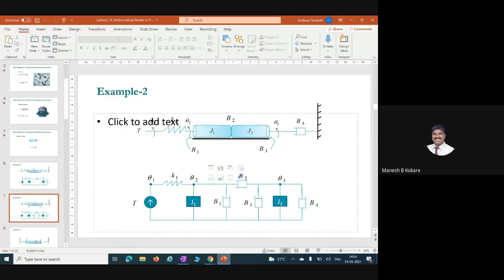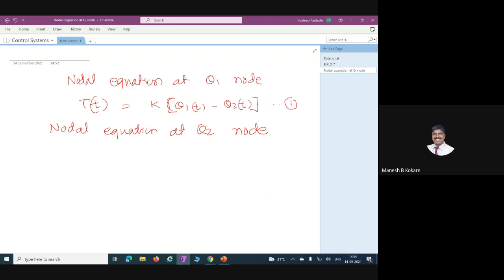So what will be the nodal equation for this one? Incoming torque will be equal to K into (theta 1 of t minus theta 2 of t), which is equal to the outgoing torque.